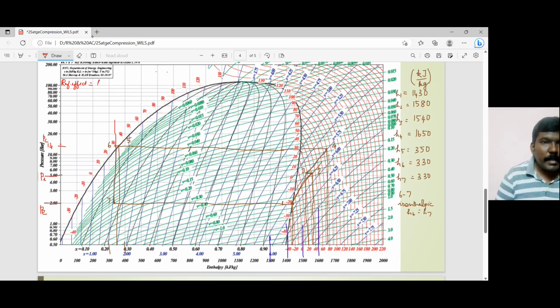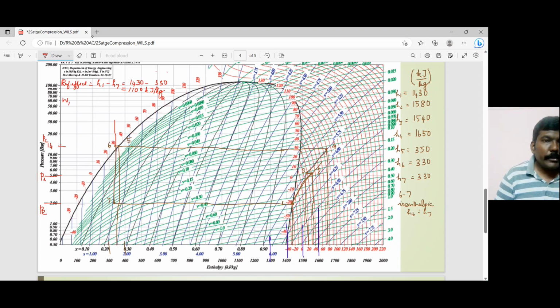So that is going to be H1 minus H7. So the value of H1 over here is 1430 minus 330. So that would be 14 minus 3 would be 11. So 1100 kilojoule per kilogram. So that is our refrigeration effect.